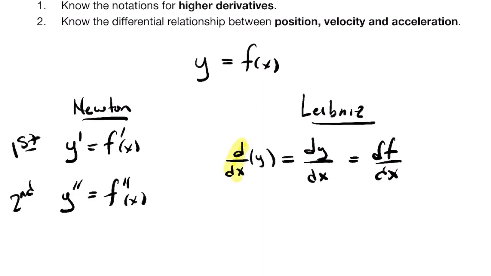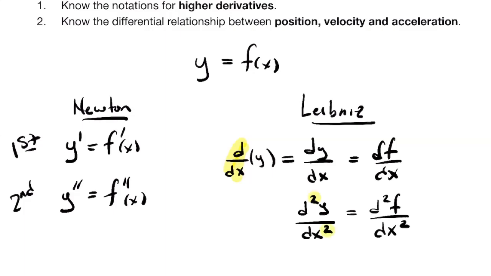Take d by dx of y, and up in the numerator you'd have two d's, with y written there, and in the denominator a dx and a dx. We don't treat these things like fractions, so it's written like that. Or, if you prefer, d squared f dx squared. That's the Leibniz way of writing the second derivative.